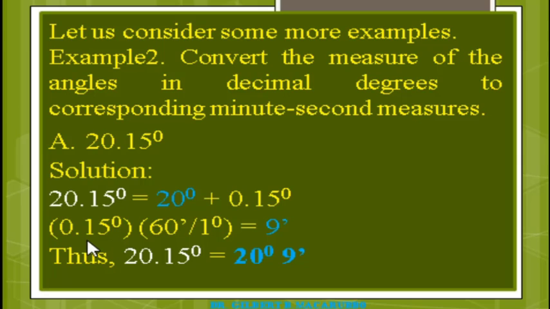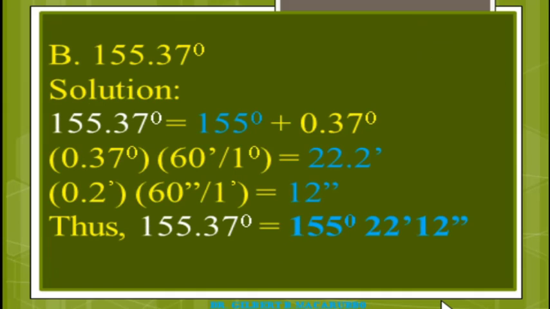Converting 0.15 degrees into minutes, we multiply 60 minutes over 1 degree, so that the degree will be cancelled out. This is just equal to 9 minutes. Thus, 20.15 degrees is just equal to 20 degrees and 9 minutes.